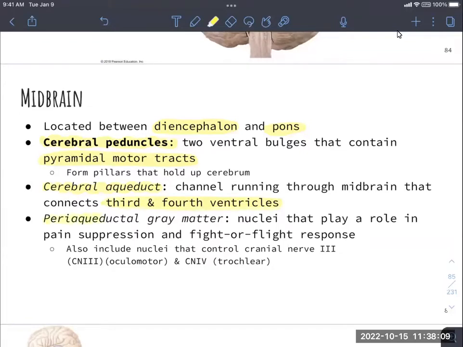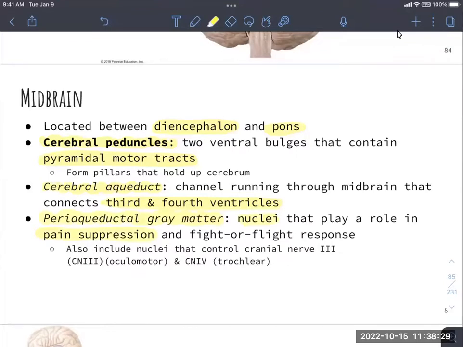We have periaqueductal gray matter. These are more nuclei. They're going to help with pain suppression.